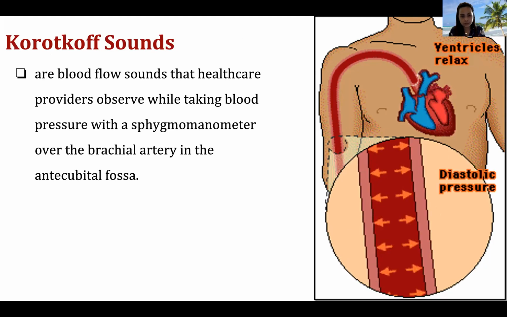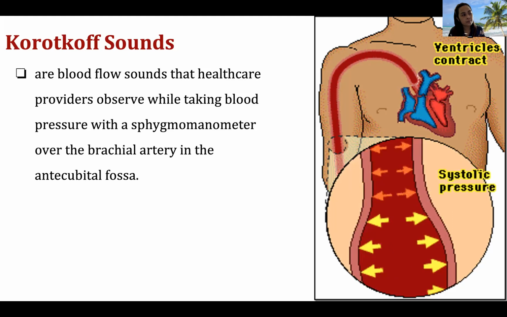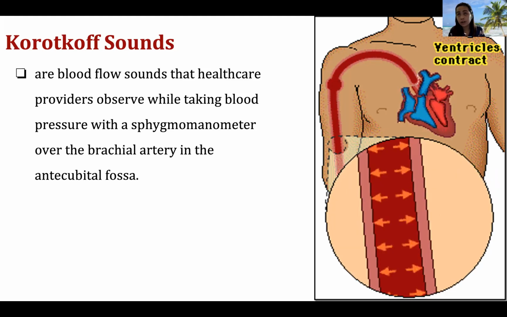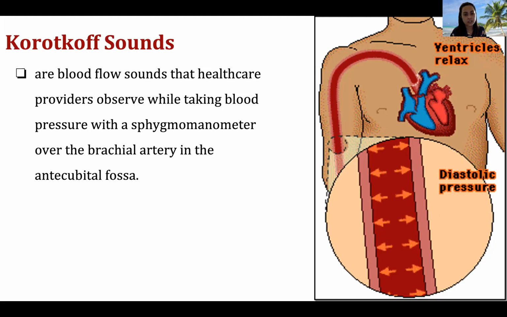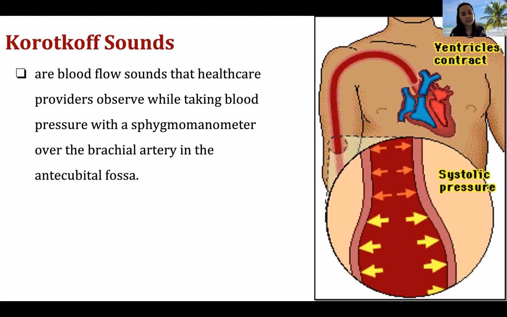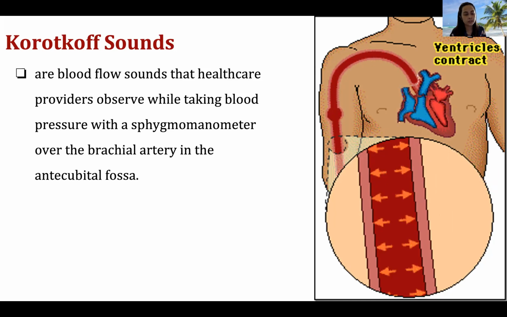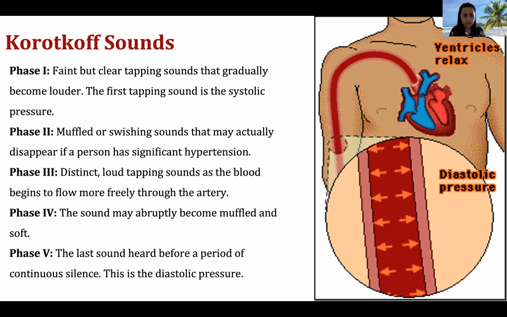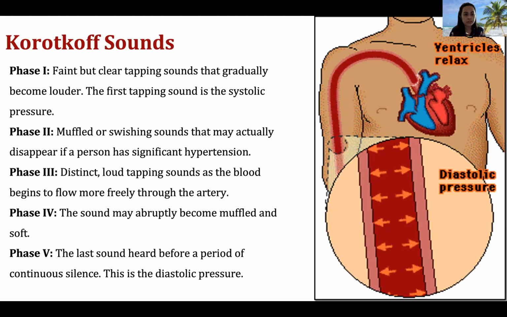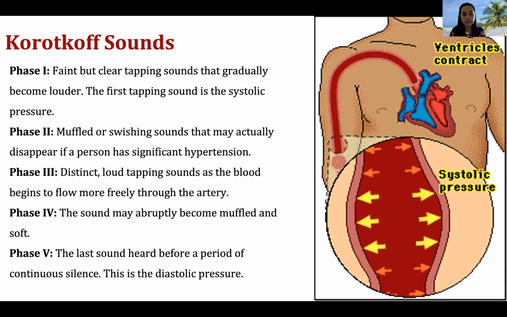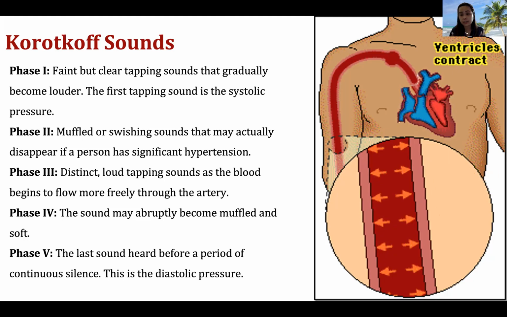Next, Korotkoff sounds. Korotkoff sounds are very vital in appreciating the blood pressure readings. These are the sounds that we hear. They are blood flow sounds that healthcare providers observe while taking blood pressure with a sphygmomanometer over the brachial artery in the antecubital fossa. We have 5 phases of Korotkoff sounds. Phase 1, faint but clear tapping sounds; this first tapping sound is considered your systolic blood pressure.